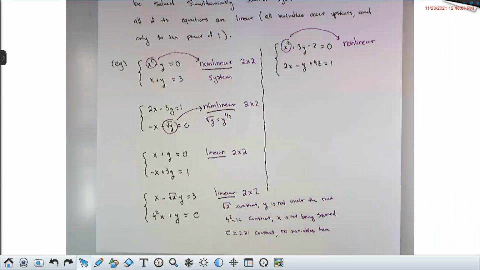What are its dimensions? So like these are all 2x2s, 2 equations and 2 unknowns. Remember, the first number is the number of equations. The second one is the number of variables.